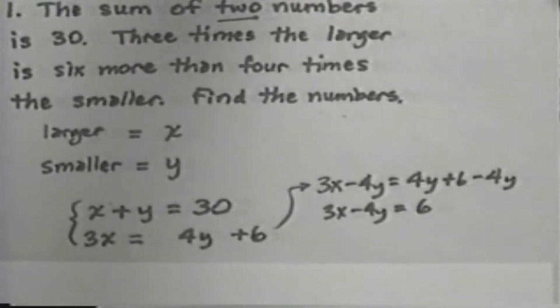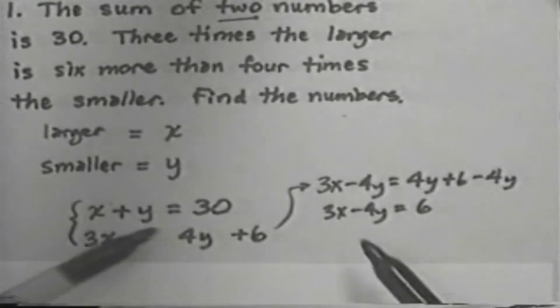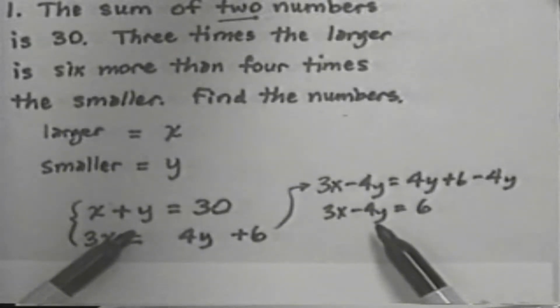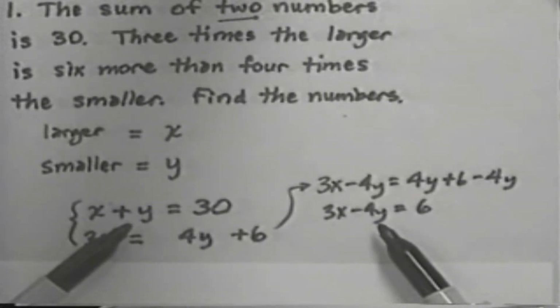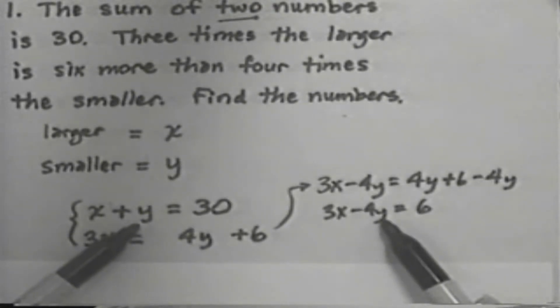With these two equations, I would like to solve them by the addition method. To solve these two equations by the addition method, I must make one of the letters cancel. I'm going to go after the y term because I've got 4y being negative already. That means all I have to do is take the first equation and multiply the y in it by 4.